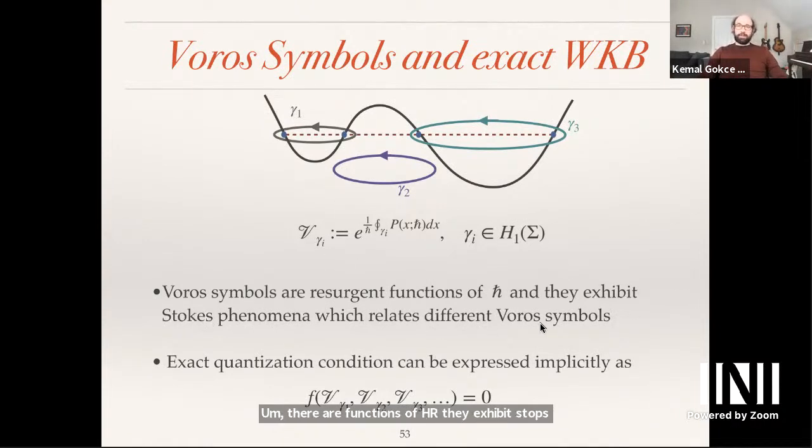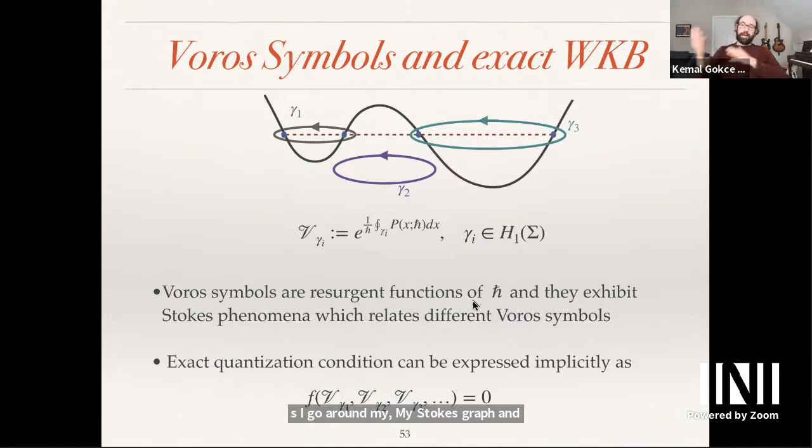They exhibit Stokes phenomena, and what we will see in a bit is that the Stokes phenomena in H bar, when I move around, relates different Borel symbols. It reshuffles different Borel symbols, but it's an automorphism, so it takes a combination of Borel symbols to another combination of Borel symbols. So the whole exact WKB problem can be reduced to finding these relations between Borel symbols as I go around my Stokes graph.